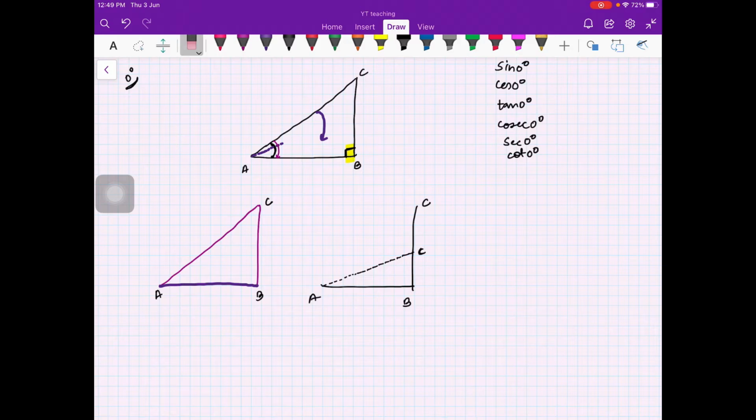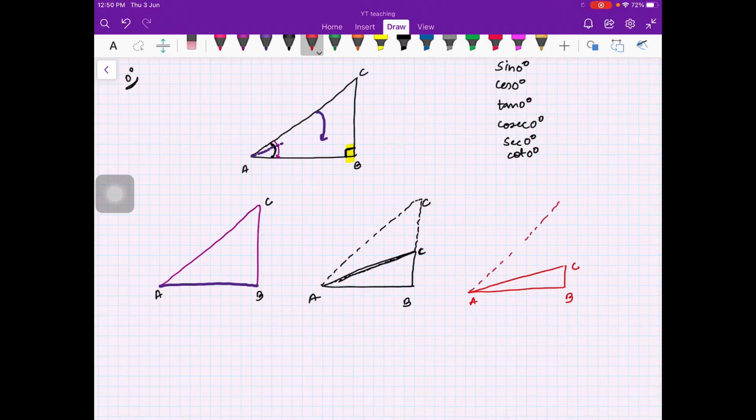Let me make this a solid line, and this is now your actual triangle. This is the extra part which was originally there, the dotted line. Then I'll bring it further close to AB. And let us draw one more picture, where it is still closer. This is your triangle now.